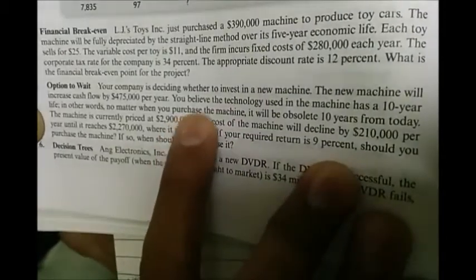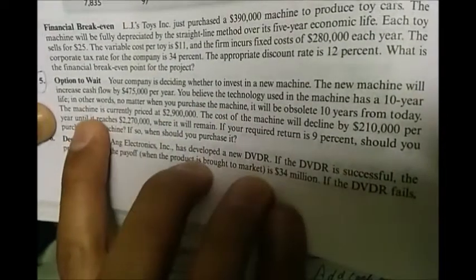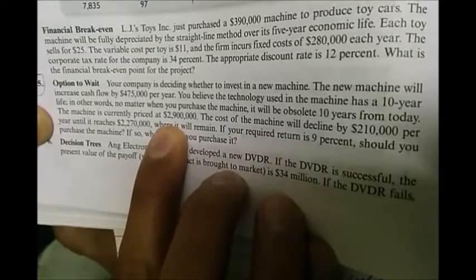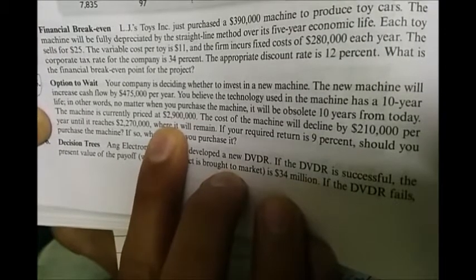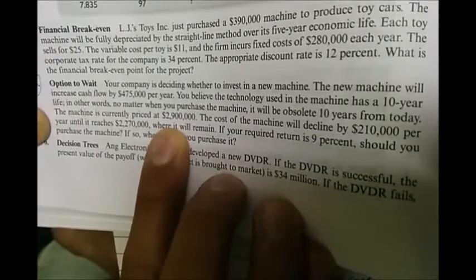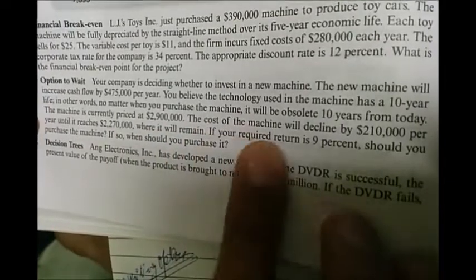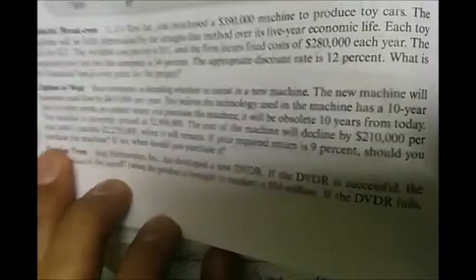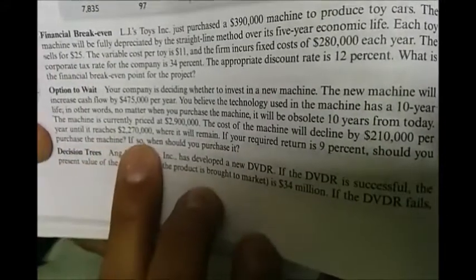In a similar way, in this particular case, the machine is currently priced at 2.9 million. The cost of the machine will be declining at this rate per year until it reaches this level.